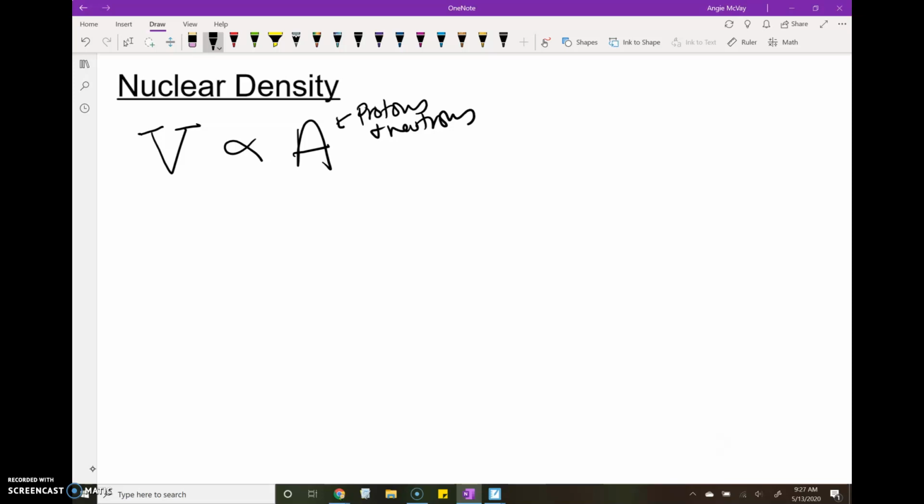So then if we know that the volume of a sphere, if you recall, is 4/3 pi r cubed, we could then say that r cubed, the radius cubed, is proportional to volume, so r cubed must also be proportional to the number of protons and neutrons within a nucleus.